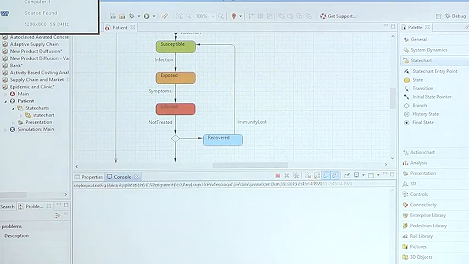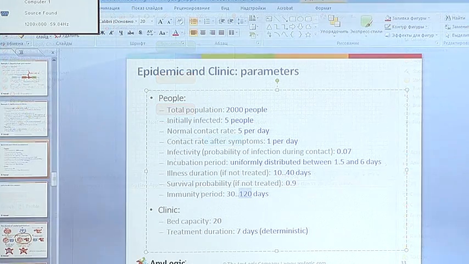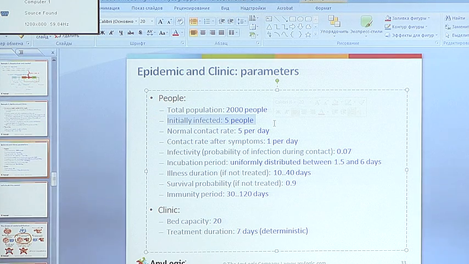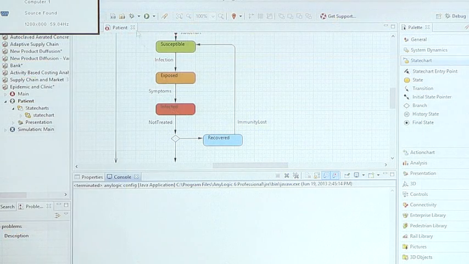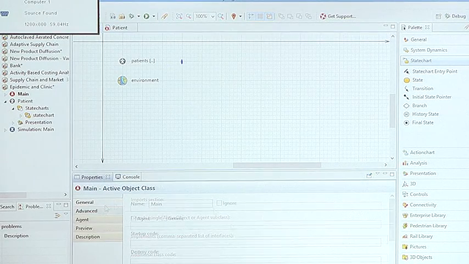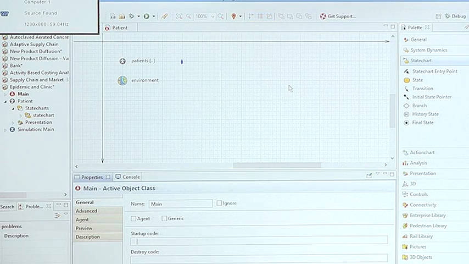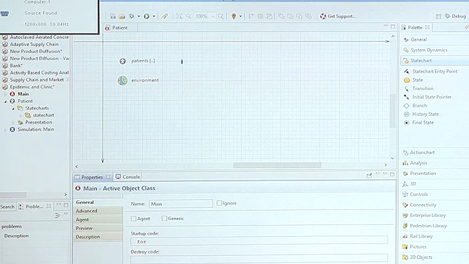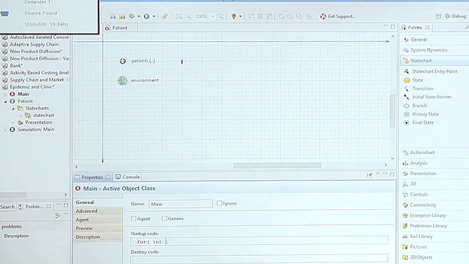Let's do that. According to our problem definition, initially 5 people are infected. So let's do it. In the main, I have the startup code. This is the action that is executed on the model startup. So what I'll do, I could write 5 times 1 statement, but I'll use the simple Java for loop instead.